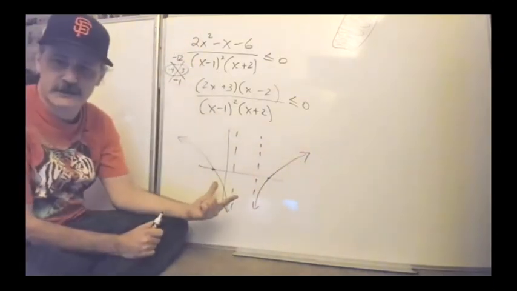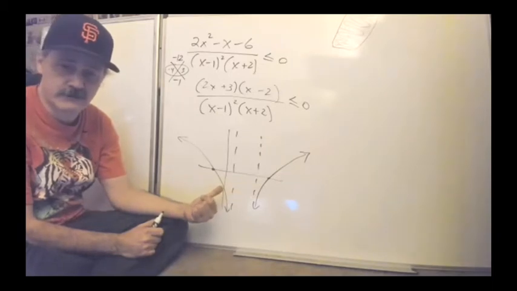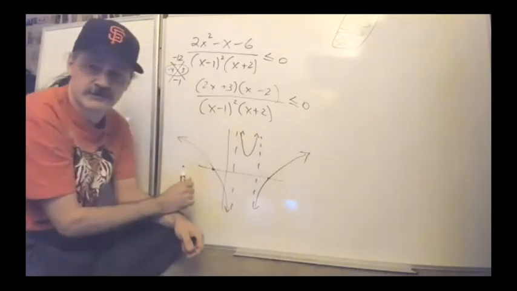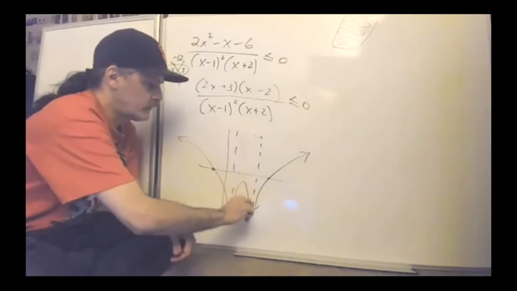So we've got to find the location of the x-intercepts, and also the location of the vertical asymptotes, because in between the graph will either be above, if there are no x-intercepts in the middle, or below.